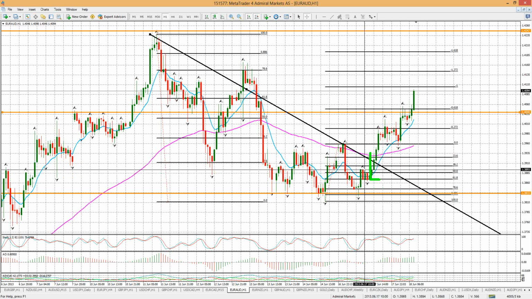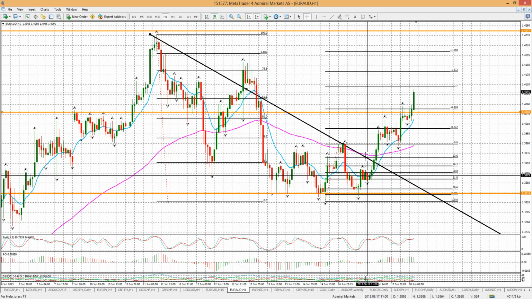Yeah, something like this, I was hoping for. Something where we have a good 1 hour candle, but we have something of a retrace. We don't break the last hour's low, and we get a continuation of that candle. Like that.